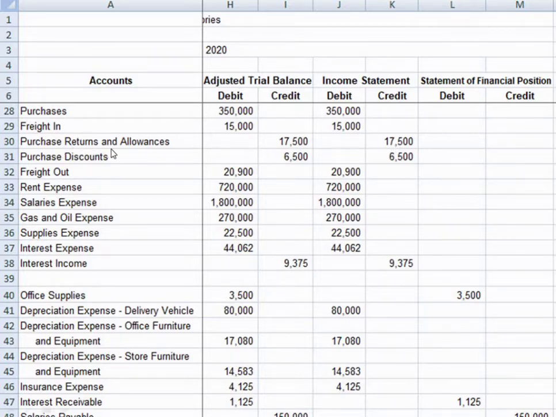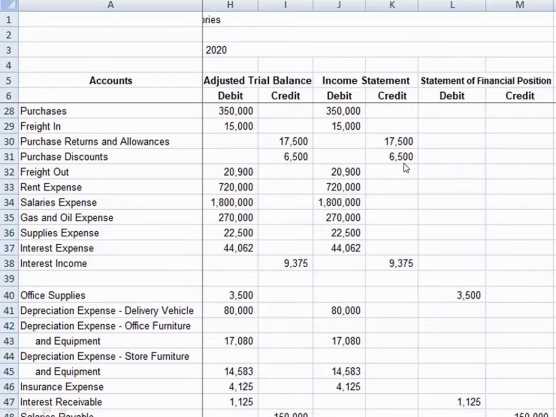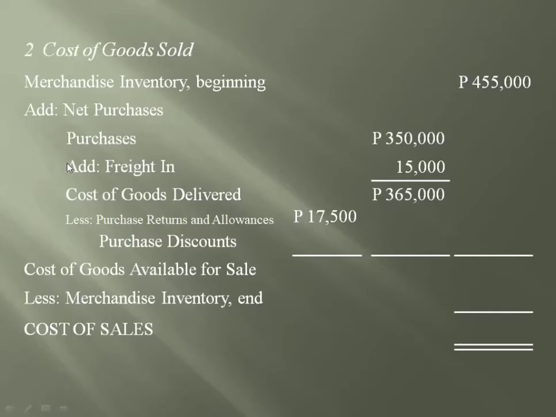Purchase returns and allowances, 17,500. Next, 6,500 purchase discounts.